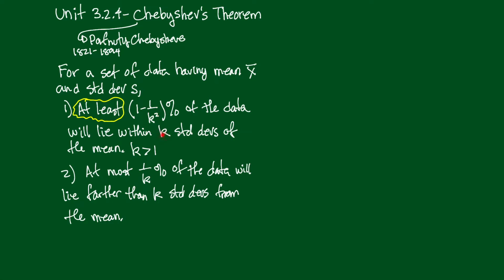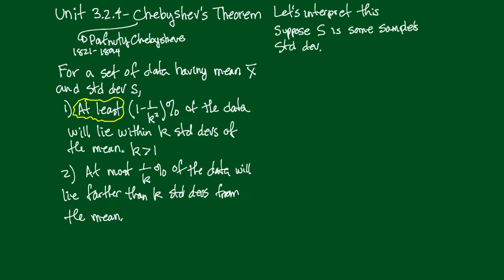So let's interpret this. I'm going to do it by notation, and then I'll draw some pictures. First of all, suppose that S is some sample standard deviation. You've got a collection of data, you compute the mean, you compute the standard deviation, and we're going to call the standard deviation S. Now, just as a matter of notation, if you write 1S, that represents 1 standard deviation.